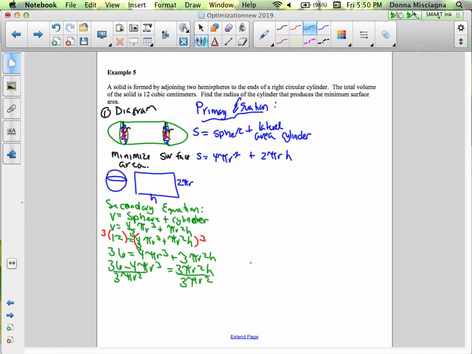So if I divide 36 by 3 pi r squared, that would be 12 over pi r squared. And if we divide 4 pi r cubed by 3 pi r squared, that's going to be 4/3, just an r. And that's going to equal h.